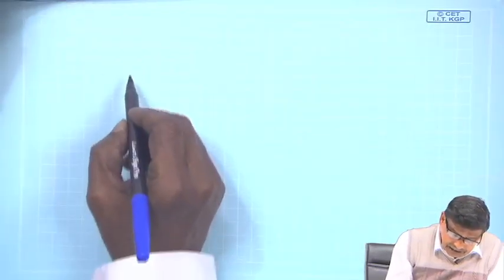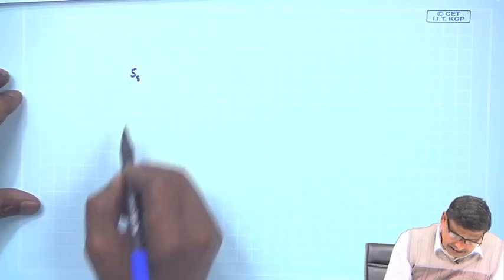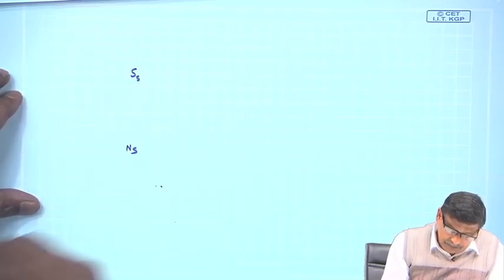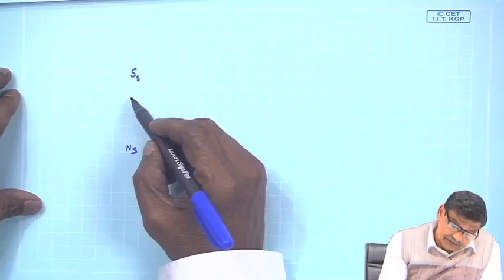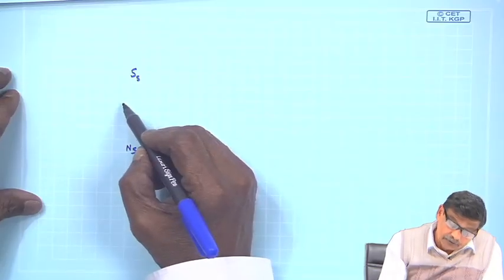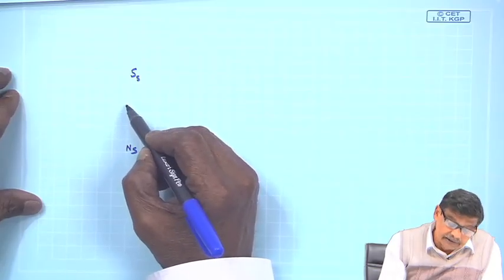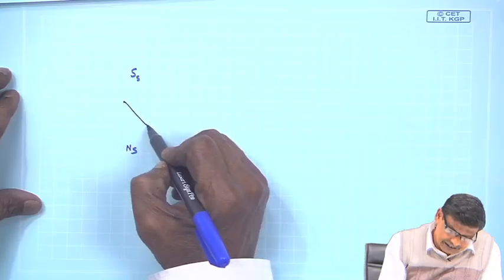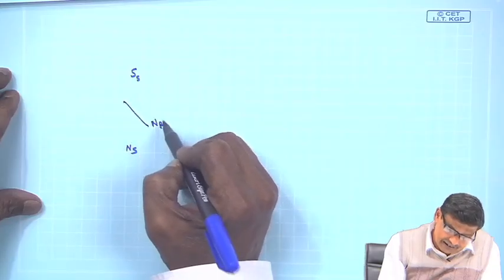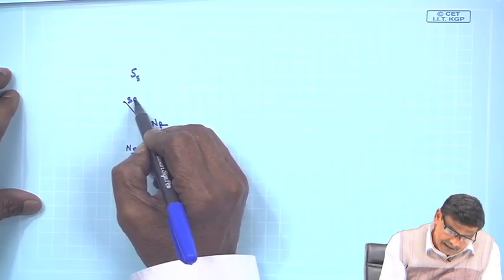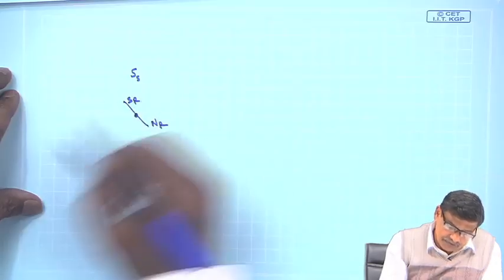I will just simply now draw SS and NS here, okay? And suppose the rotor poles I draw like this, just by a line NR and SR, and it can move like this.